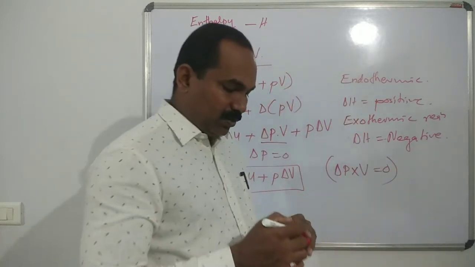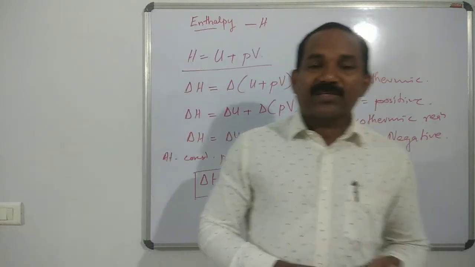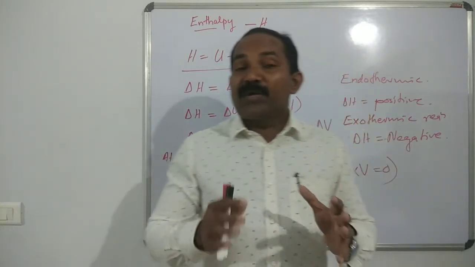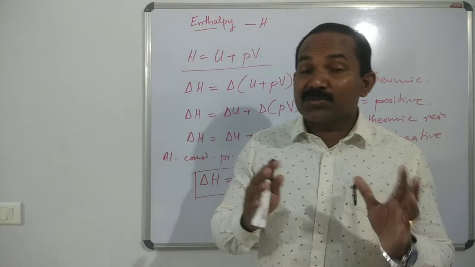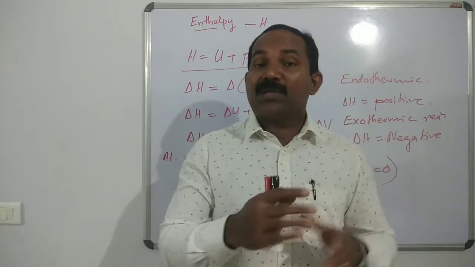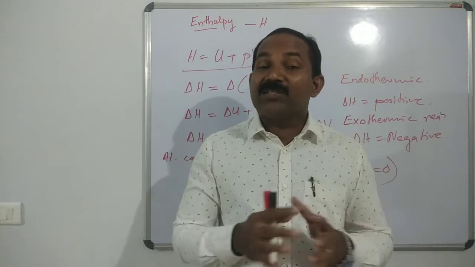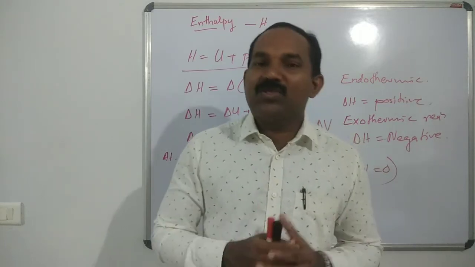So let's conclude. For endothermic reaction, delta H is a positive value. For exothermic reaction, delta H, that is the change in the enthalpy, is a negative value.